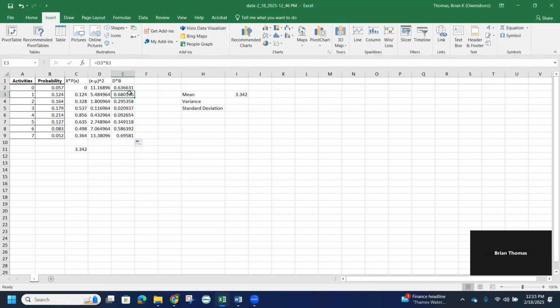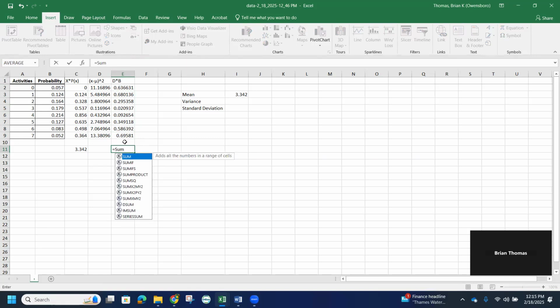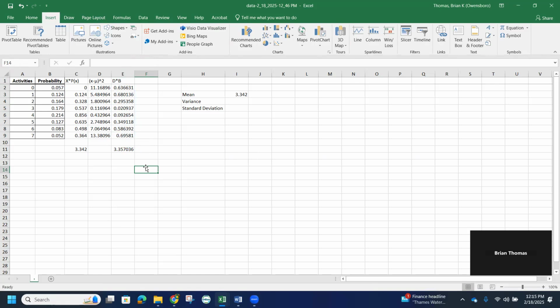But remember, variance is actually the summation of all these values. So if I have equals here and sum, parenthesis, if I drag all these in, close parenthesis, that will be my variance.